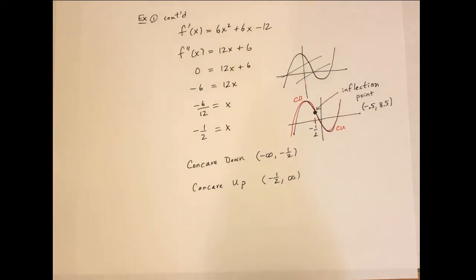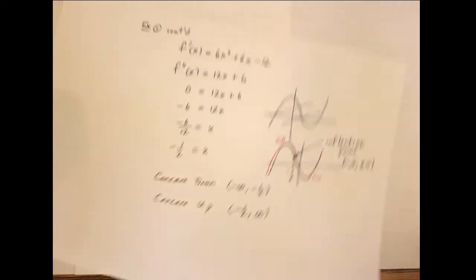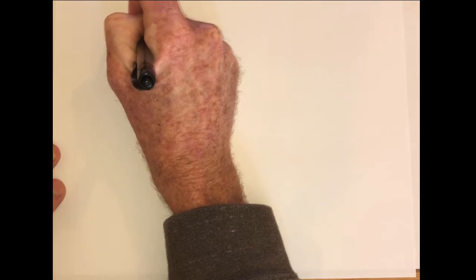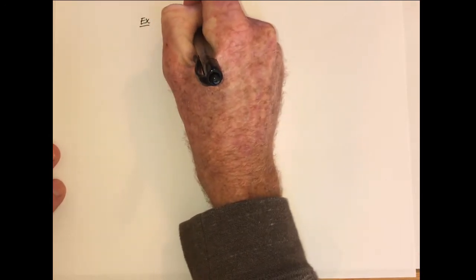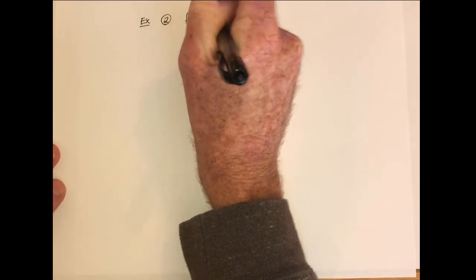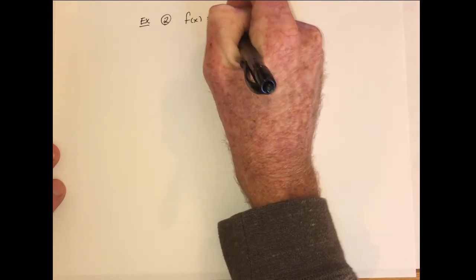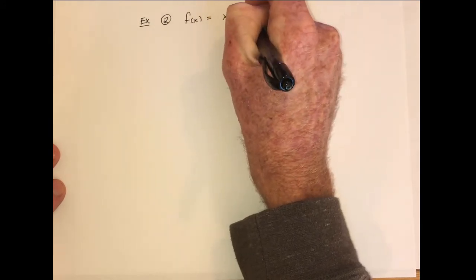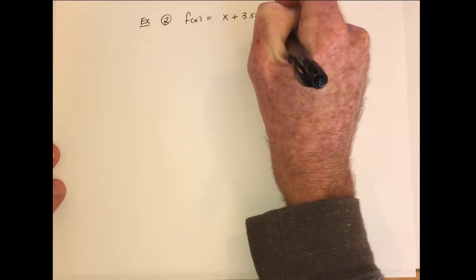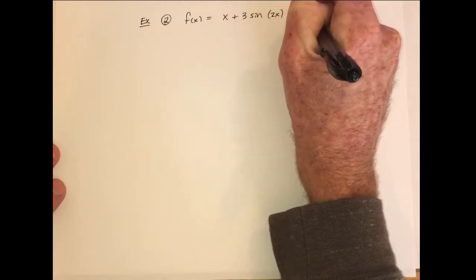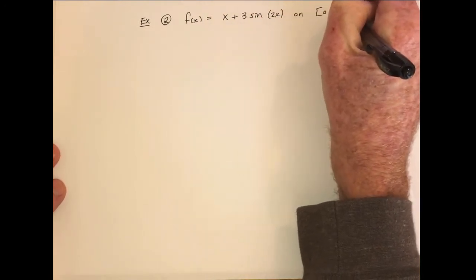And now you're probably thinking, when do we get to do some trig? Well, how about right now? So for example number 2, the function is x plus 3 sine of 2x on the interval from 0 to 2 pi.